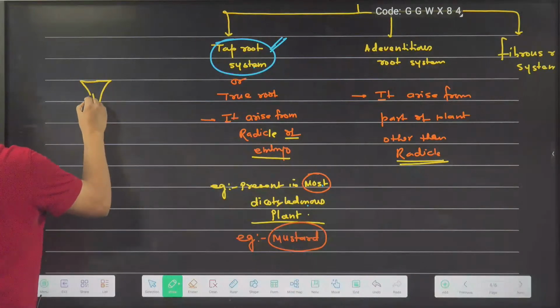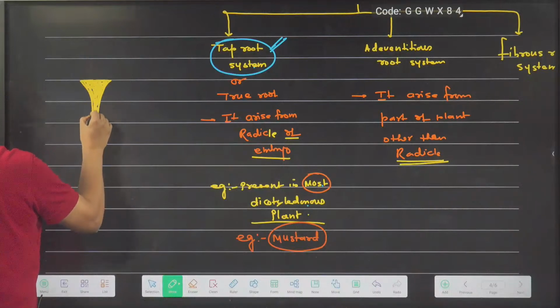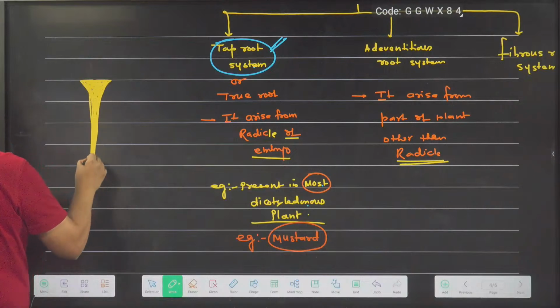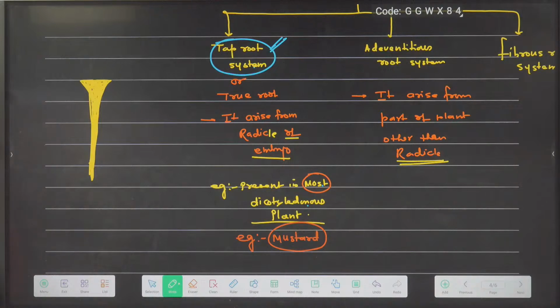So this primary root elongated from which one? Radicle. I told you, in taproot system, primary root arises from radicle, or you can say radicle gives rise to the primary root. So what you are finding, this primary root is prominent, and it is thick.